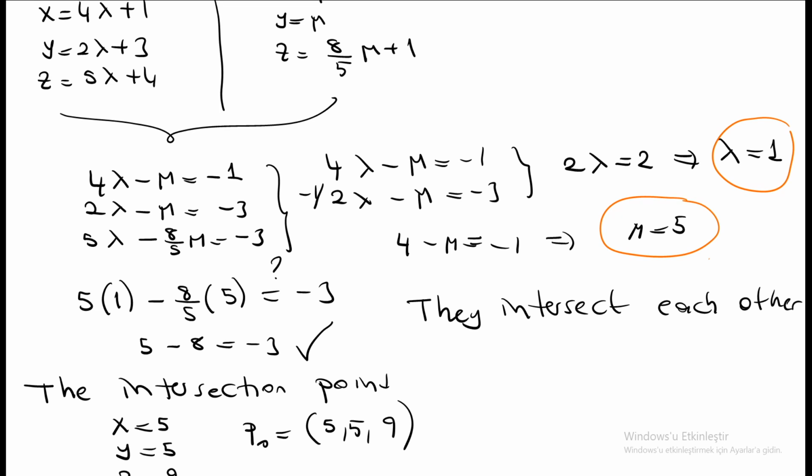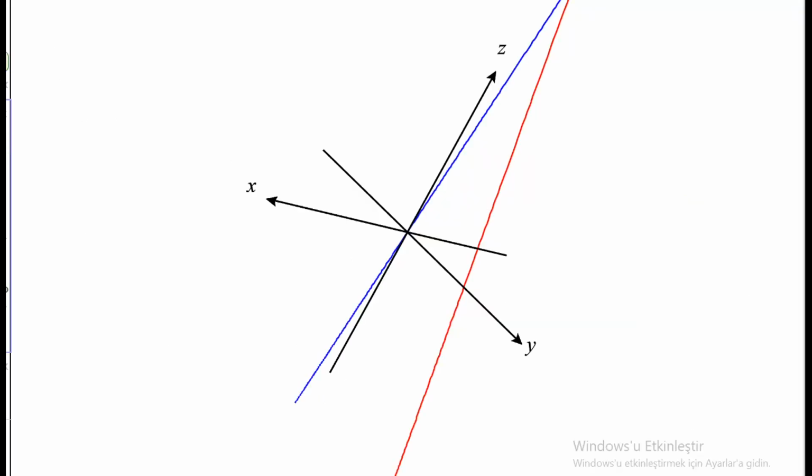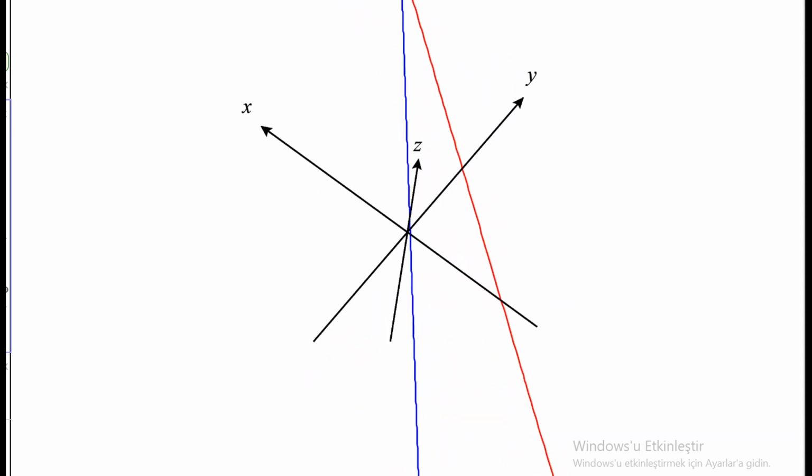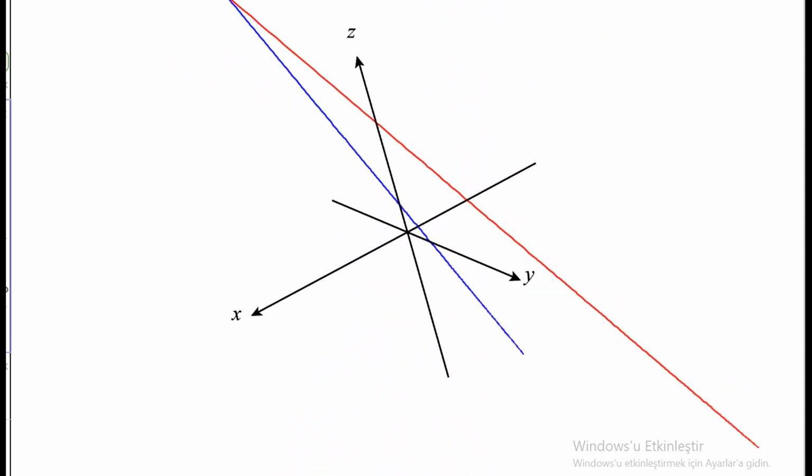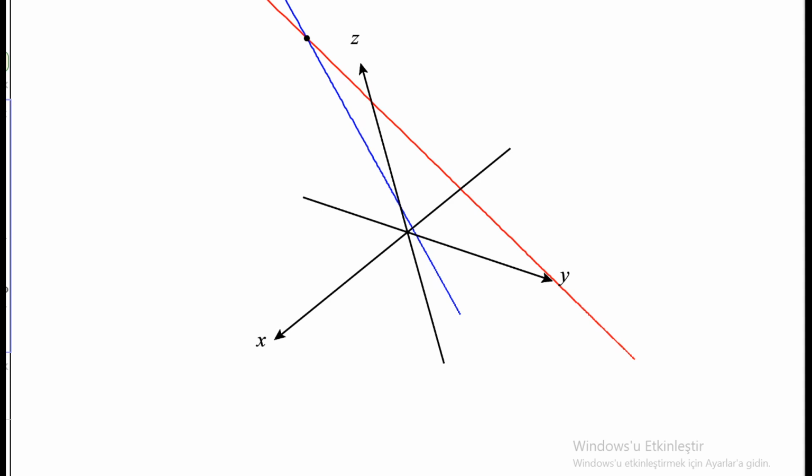So it will be the same point, because we were looking for the common solution. So this is the intersection point.